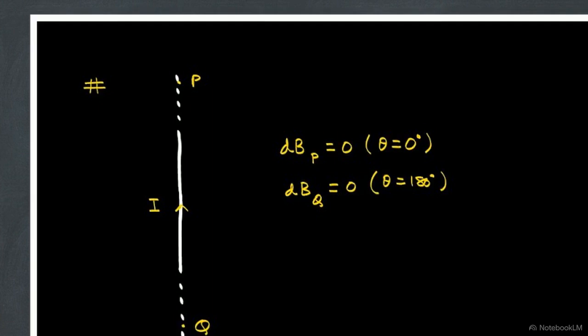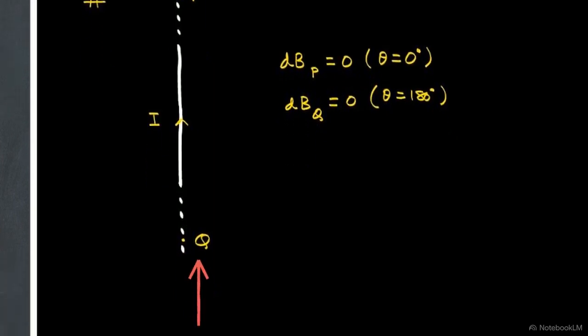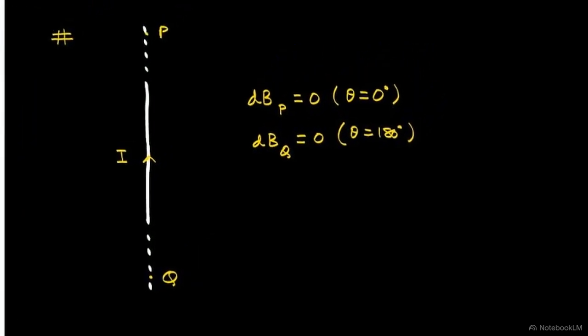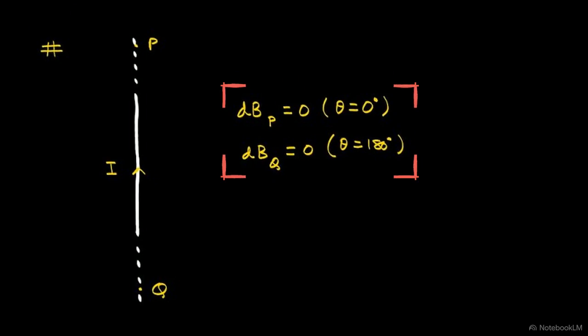At point Q, the observation is directly behind the flow, yielding an angle of 180 degrees. The sine of both 0 and 180 is 0. Consequently, the cross product and the resulting magnetic field vanish at these points. Physically, this means a segment of moving charge generates no magnetic field along its own trajectory.